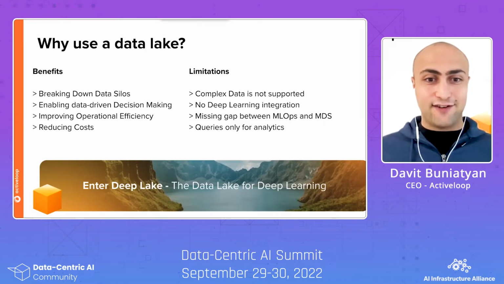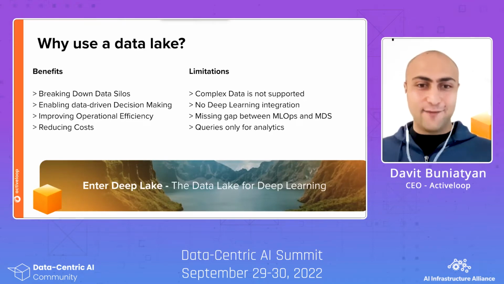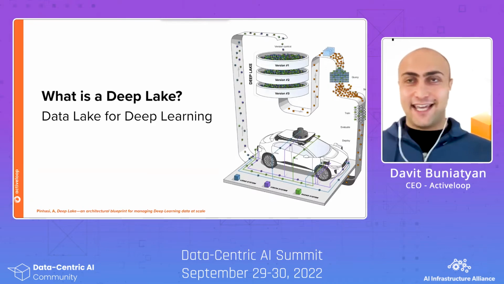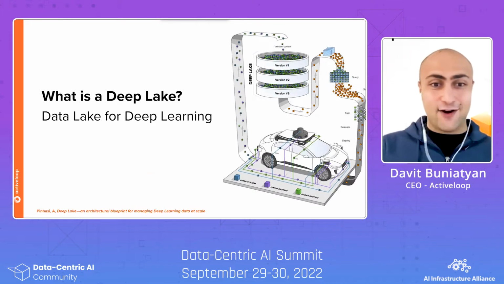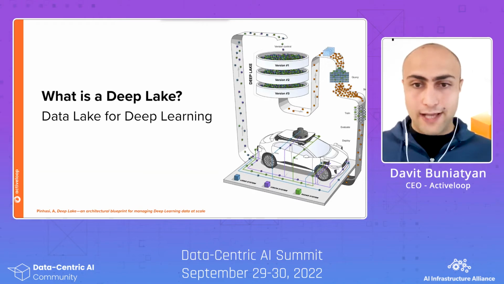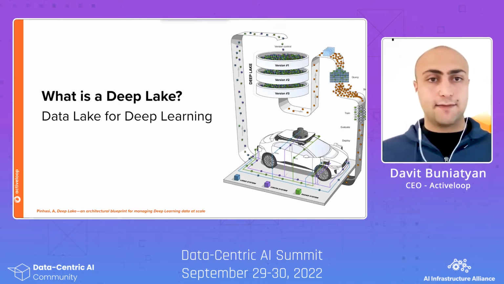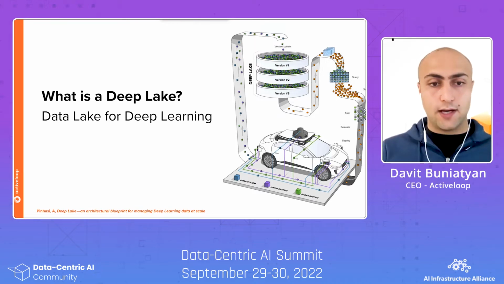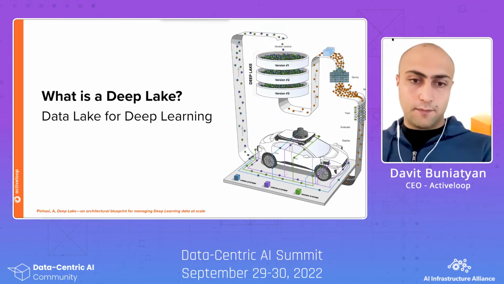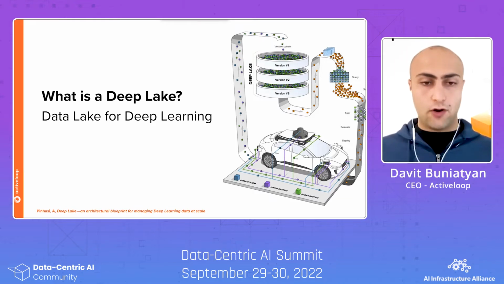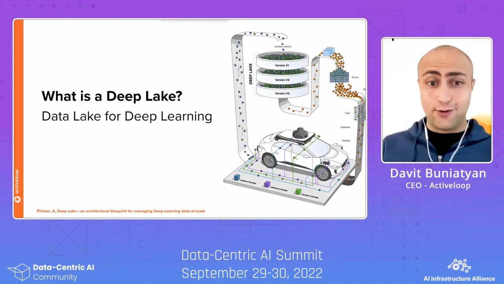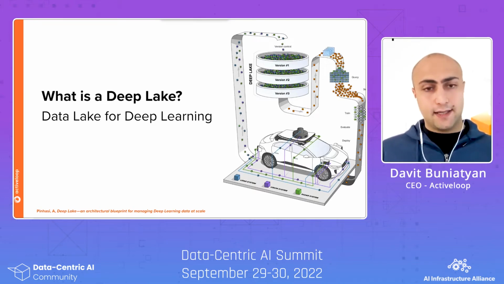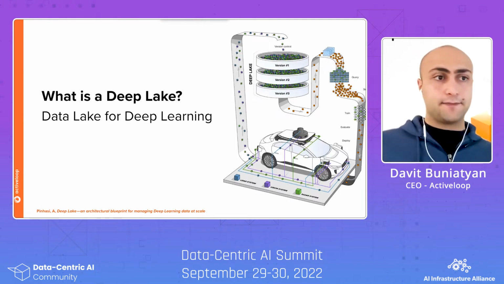With one difference: it can actually support images, video, audio, connect to the deep learning frameworks, easily integrate into MLOps systems like annotation tools, experiment tracking tools, your training systems, and so on, and visualize and query the datasets so that you can build good datasets for your training purposes. I'll get into details of what this good means in a bit. But that's what Deep Lake is. It's a data lake for deep learning applications.